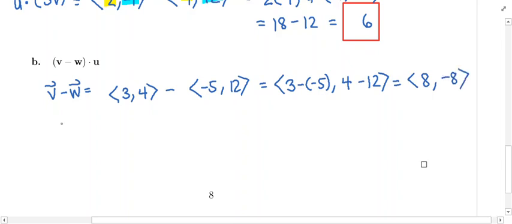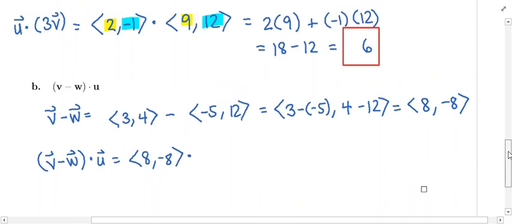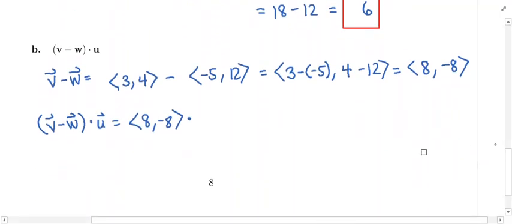Now that we have that vector, v minus w is 8, -8, we have to dot product with u. I'll write the whole thing down, v minus w dot u. This is going to be v minus w, that's 8, -8. I'm dotting this with u. u is 2, -1.